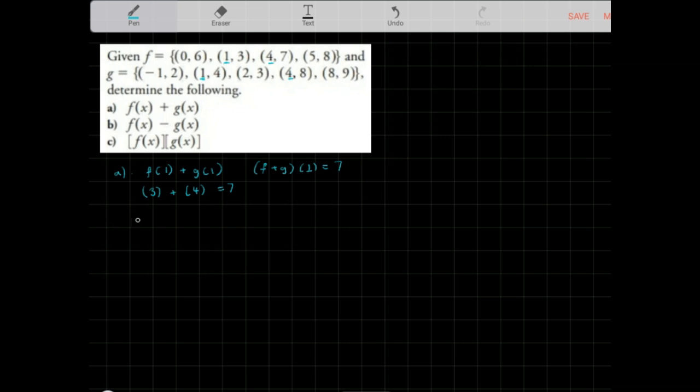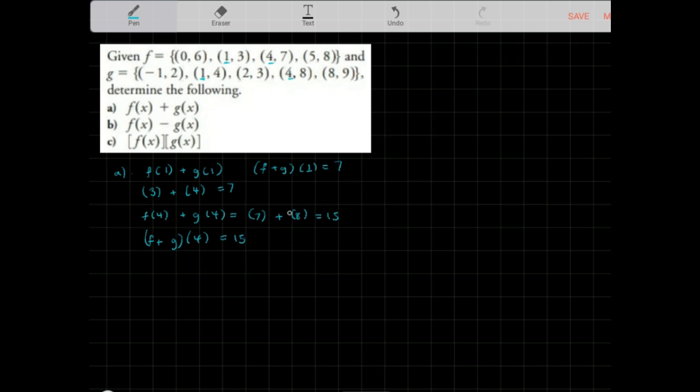Okay, we can also add f of 4 and g of 4 as long as the x values are the same. And in this case, f of 4 here is 7, g of 4 here is 8, we'll get 15. So f plus g of 4 is equal to 15.